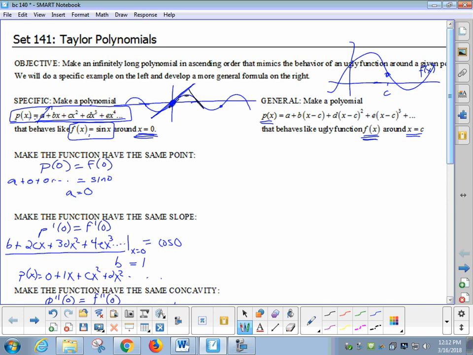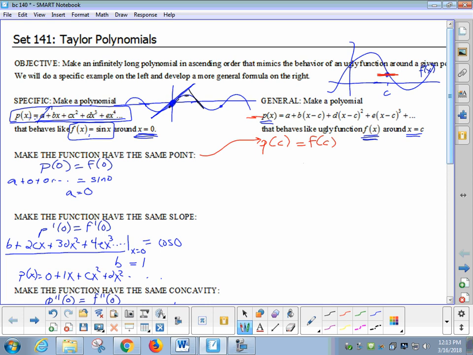Now, if I want to fit my function here, the very first thing I want to have happen is that my polynomial has to have that c. And that is to say, just like here, p at c needs to equal f at c. I want them to have the same point there, point of tangency.